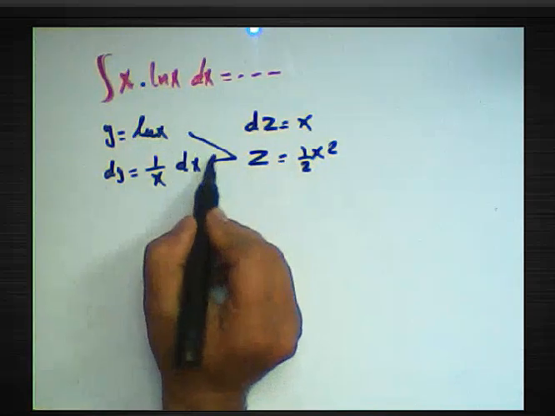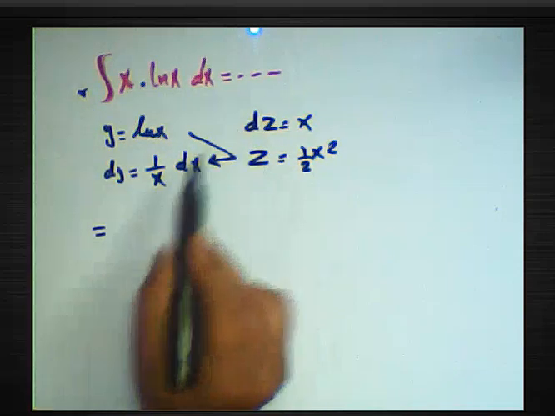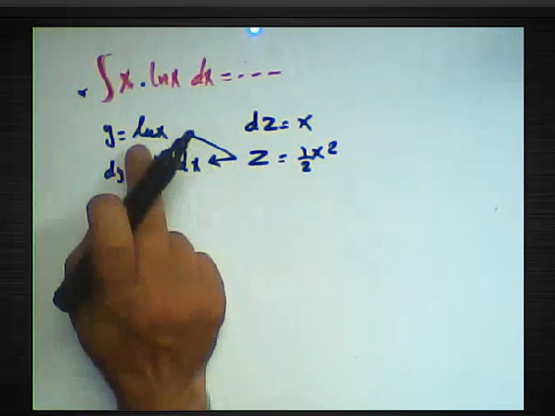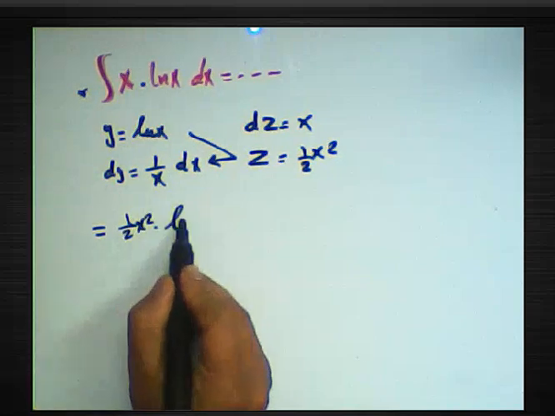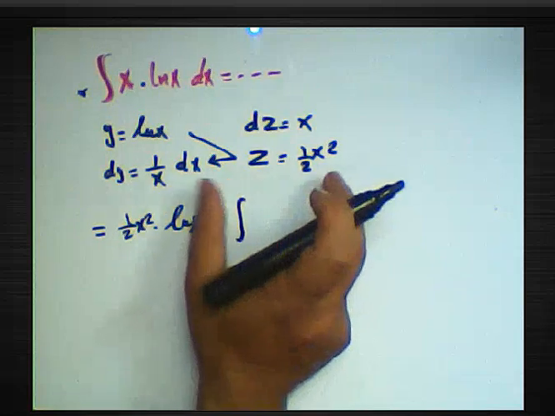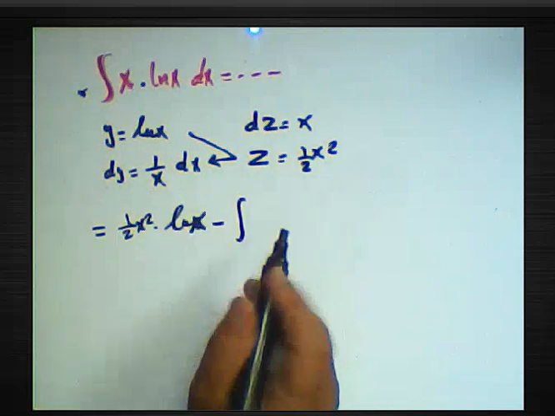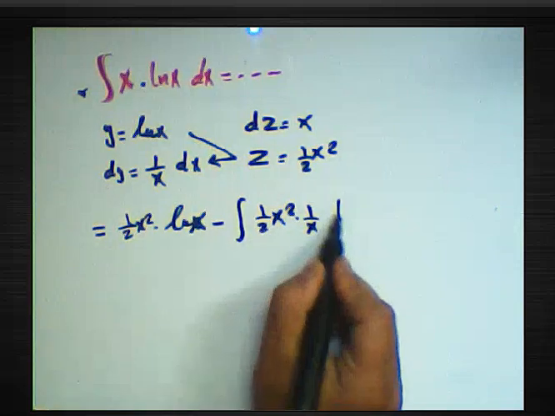And then we can use the rule here. It will be half x² multiplication by ln of x, subtract integration of half x² multiplication by 1 over x dx.